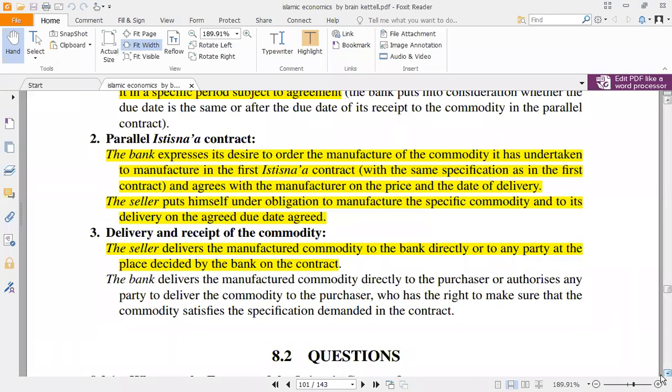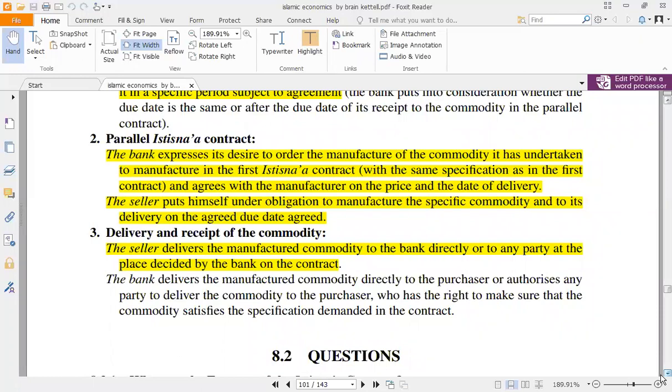The last 2 or 3 steps show the parallel Istasna contract. The final step of Istasna, that is a part of the first 5 steps of the Istasna contract, is very important. So here the seller delivers the manufactured item to the bank.